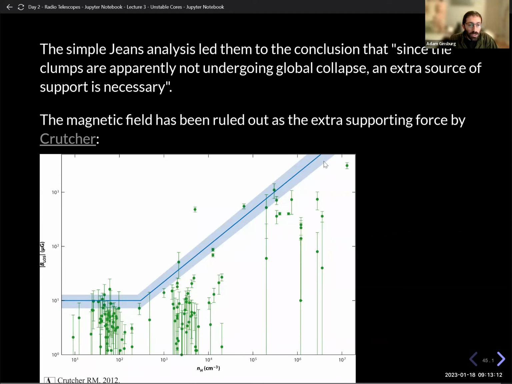And the blue line shows where above it, the gas we're looking at would be supported by magnetic field. It would not collapse. Below it, the gas has enough gravitational energy that it's going to collapse, or at least it cannot be supported against collapse by the magnetic field. There could be other things that keep it up, but not magnetic field. And basically the conclusion is the magnetic field is never strong enough to support cores against collapse.